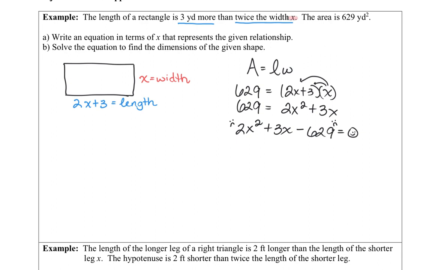And because my leading coefficient, a, is not equal to 1, I need to multiply a times c in order to figure out what I need to find, those two numbers, right? So 2 times negative 629 equals negative 1,258. So I need to find two numbers that multiply to give me that and add to give me positive 3.